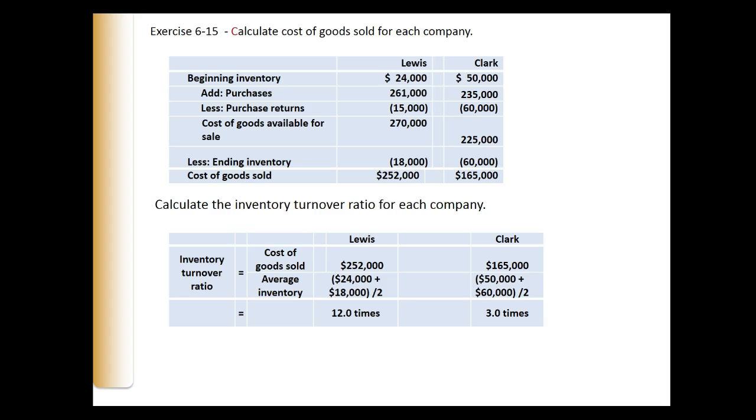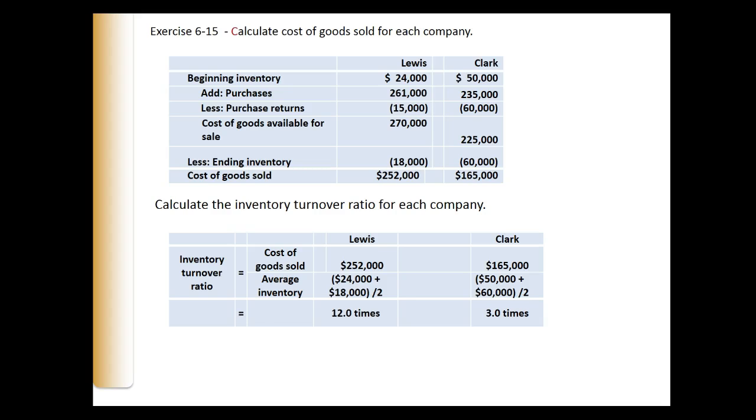So as you see with Lewis, we start with $24,000, we add purchases of $261,000, subtract the returns of $15,000, gives us our available for sale of $270,000, minus our ending inventory gives us $252,000 of cost of goods sold.